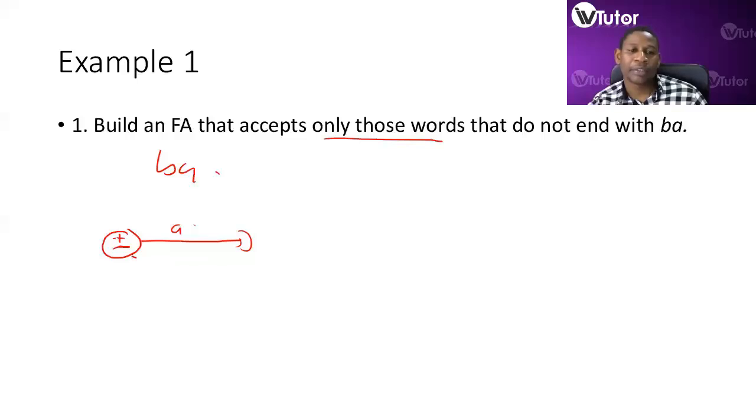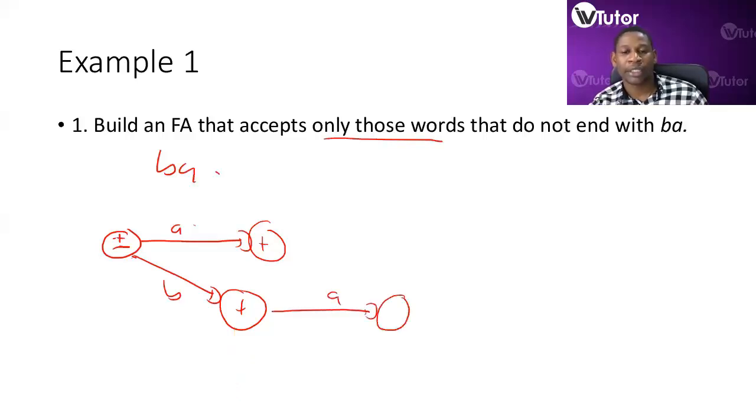We can have here, let me take B here, A there, goes to a final state. If you then have an A, you go to a state that is not a final state. But if you come from it with a B, you go to a final state.